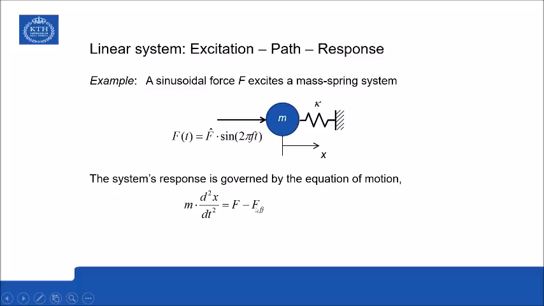Using the characteristic equation of an ideal mechanical spring, we obtain this relationship where kappa times the displacement x is the spring force, the stiffness force. So if we rearrange the equation of motion, we get this differential equation.